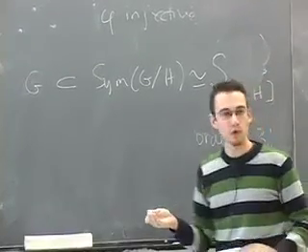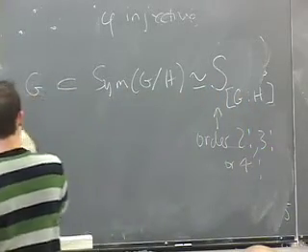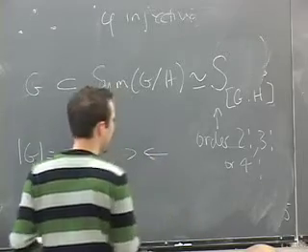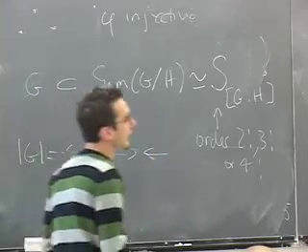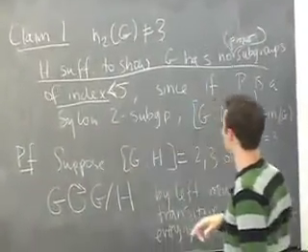But G is a group of order 60. It can't possibly fit in there. We have a contradiction. So indeed, there can't possibly be a proper subgroup of G with index less than 5.